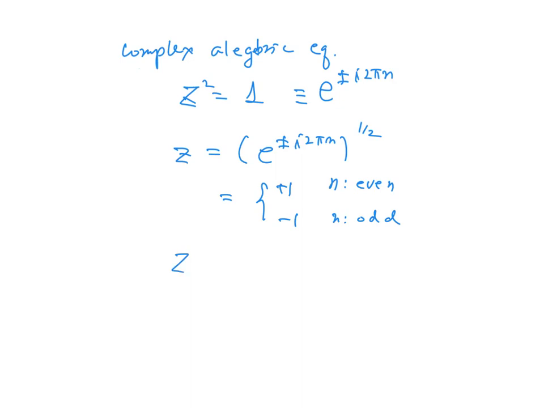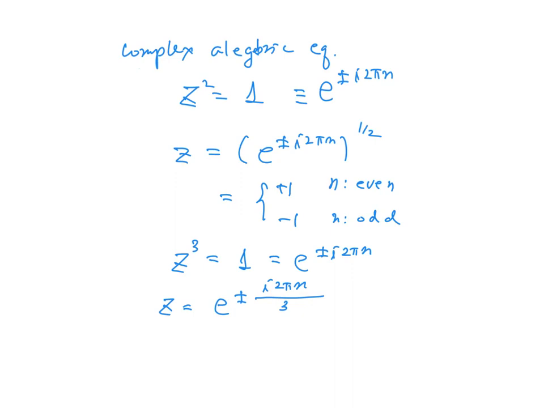Same way, z cubed is equal to 1 can be solved using this, exponential plus minus i 2 pi n. Then z is exponential plus minus i 2 pi n over 3.